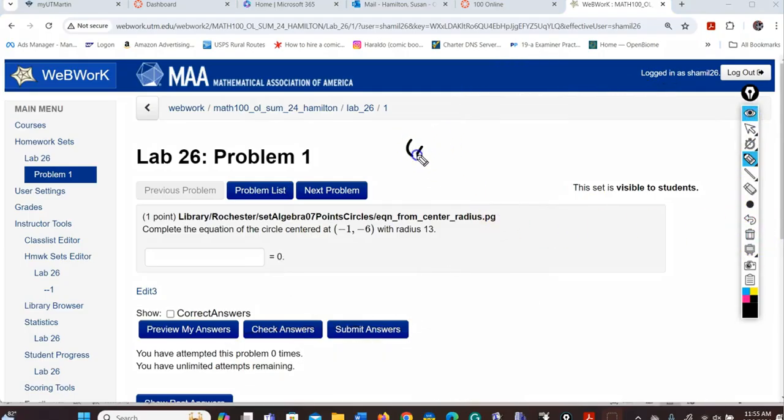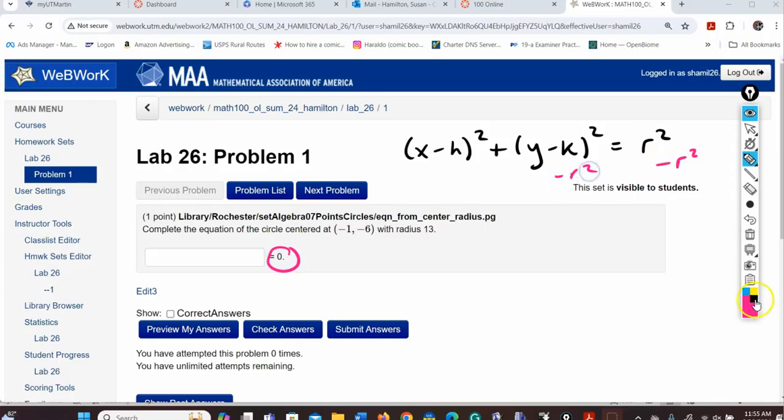So normally that's your equation of a circle, and for this to fit, you need to subtract r squared from both sides. And so what's going to go in here is that in the box. And you'll have your own particular h, k, and r.